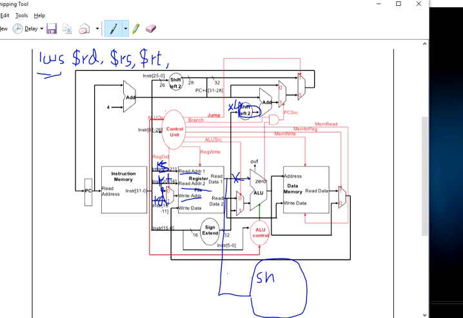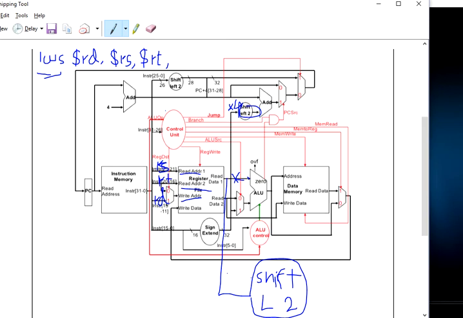Let's go ahead and label this: shift left 2, which is equivalent to multiply by 4.